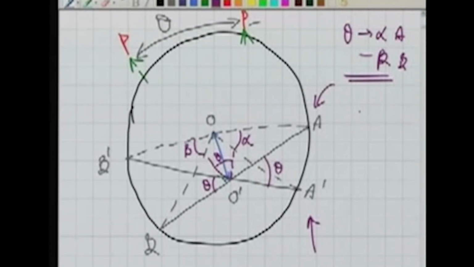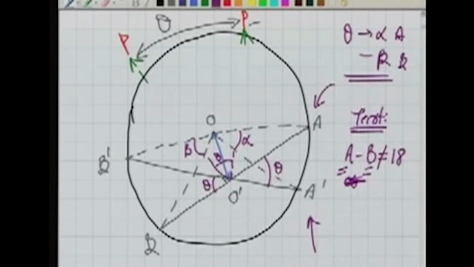Now how to test it? If it is so, what is the test of the error? The test of the error is, we can take the readings in vernier A and vernier B. The angle value in vernier A and vernier B. Let's say the readings only. The reading in A and the reading in B. Their difference will not be equal to 180.